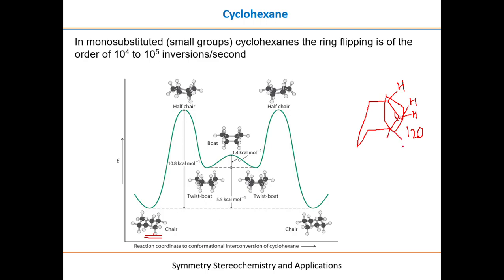That means the energy will be higher compared to the chair conformation because of these three strain factors. Strain leads to an increase in the energy of the conformation. So the half chair has high energy compared to the chair. It's 10.8 kilocalories per mole of energy required to convert from chair to half chair conformation. The difference between these two conformations is 10.8 kilocalories.